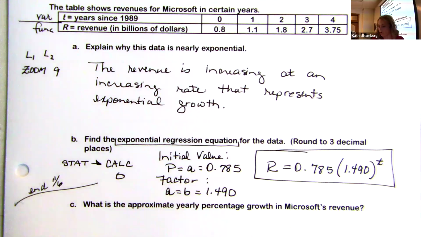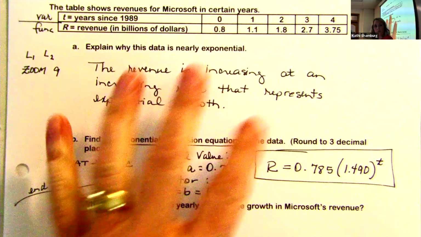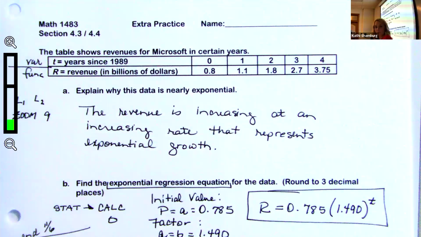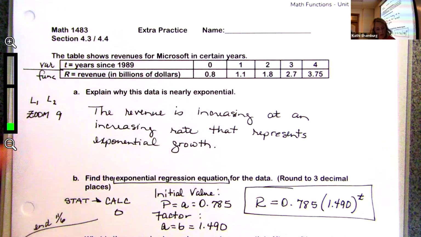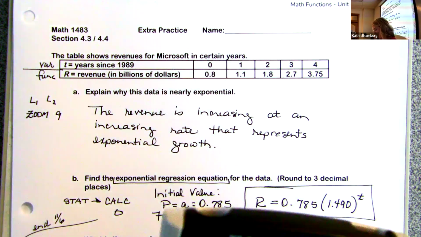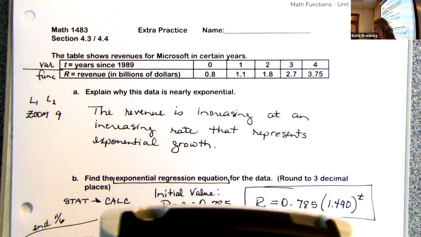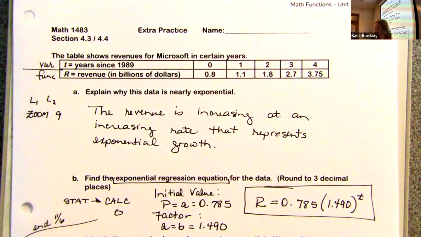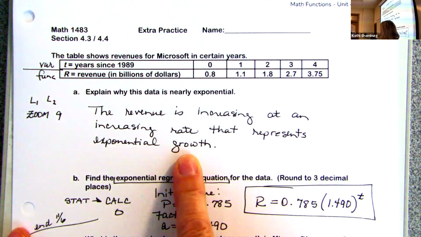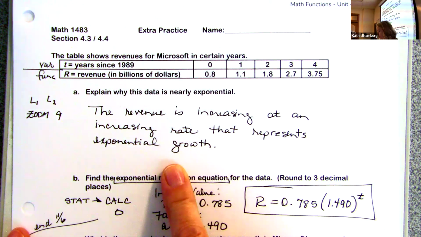Okay, so this is the problem we were working on at the end of the last class period. We had entered that data, and based upon the graph, we were able to see that it was increasing at an increasing rate, which tells us that there's exponential growth.